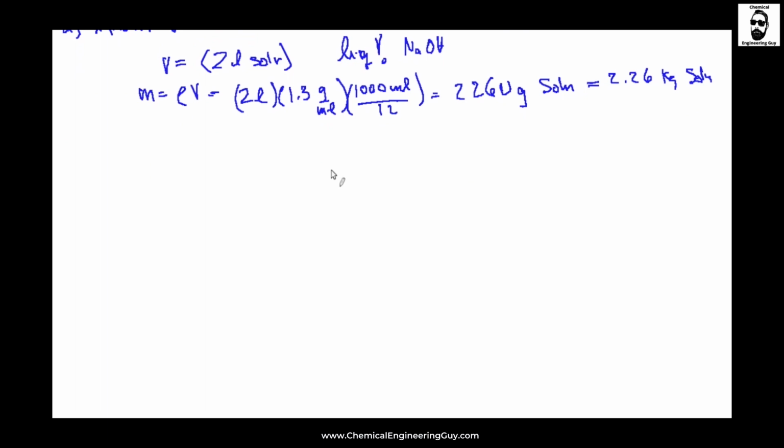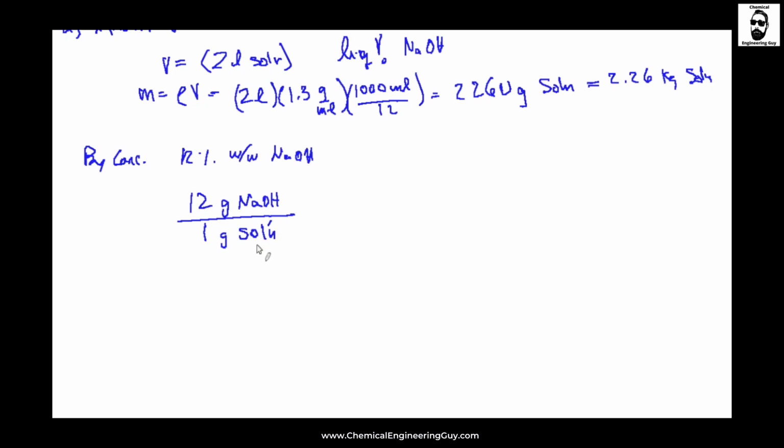Now, they give us the concentration of 12% by weight of NaOH. We know this is 12 grams of NaOH per 100 grams of solution.